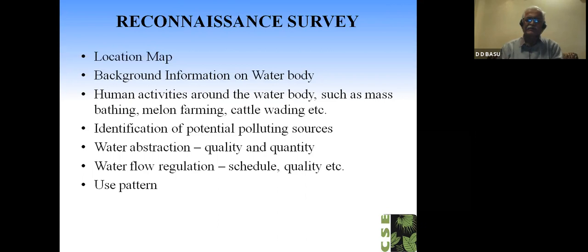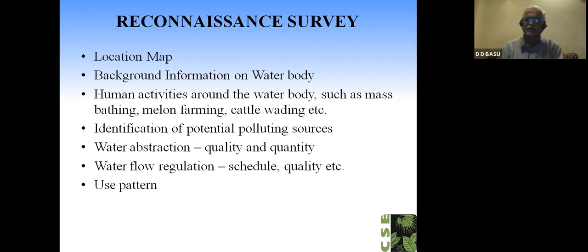Location map you have to see when you are going, and background information of the water body. That means where the major settlements are, where the district town is, where the metropolitan town is. These are the things. Artificial potential polluting sources: what are the potential polluting sources? If cities or towns are there, you also find out the town wastewater discharge.